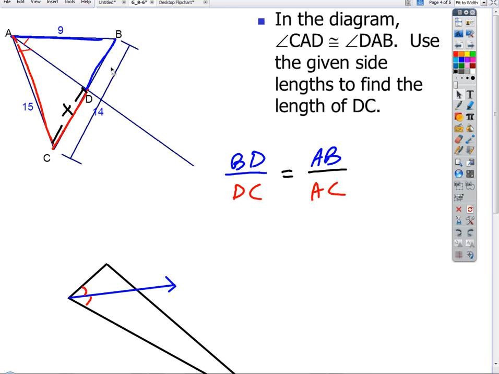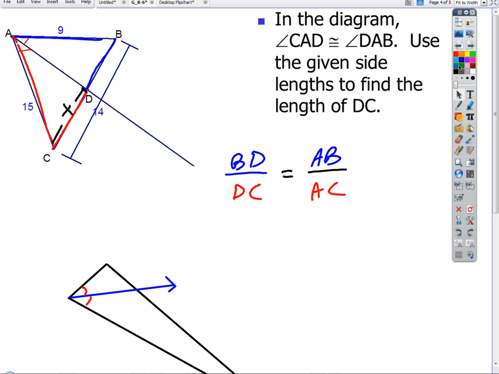If we're trying to find CD, then we're going to call that x. That's the unknown. I know that this whole side is 14. What can I call that top segment right there? 14 minus x. Why not, right?